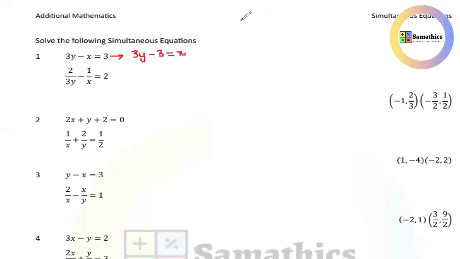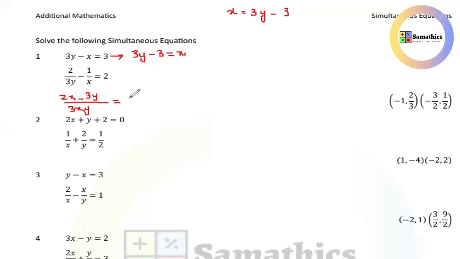So we have here x is equal to 3y minus 3, and from this equation we have to take the LCM of denominators, right? If we take the LCM of denominators, it will be 3xy. So this would be multiplied by x, and this would be multiplied by 3y.